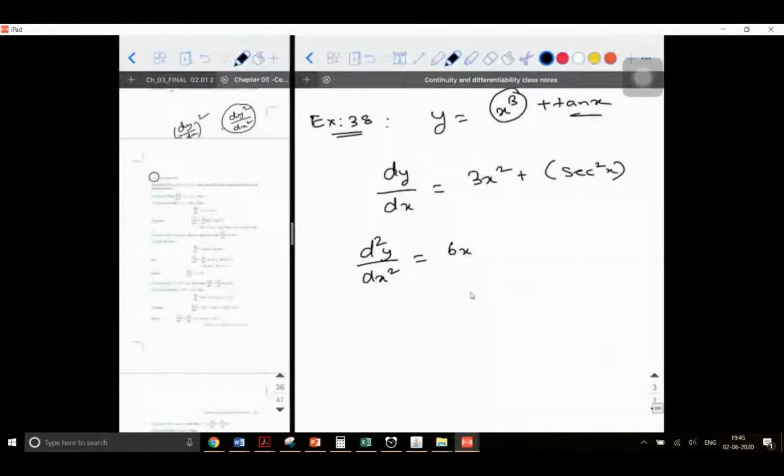So this will be equal to 6x plus 2 secant square x tan x. So this is going to be the second order derivative.